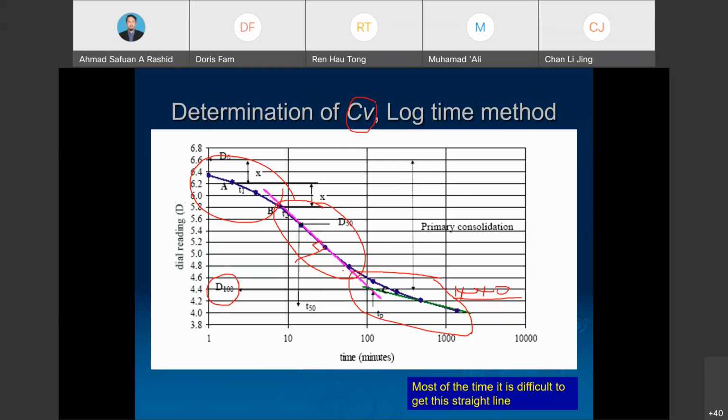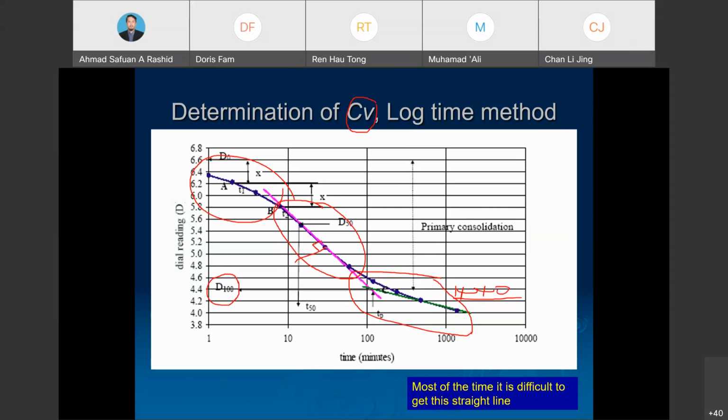So nak bina ataupun nak construct the tangent line, we should find where is the most flat or linear line. Then in that case we can approximate that is the 90 degree with the second curvature line.